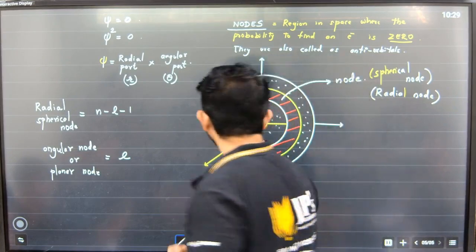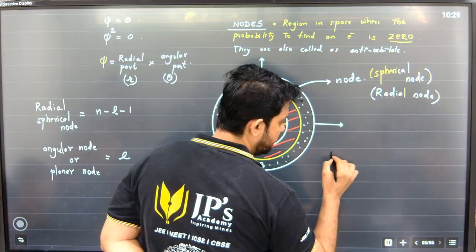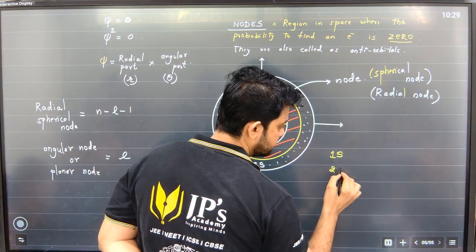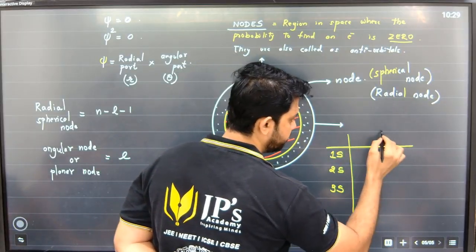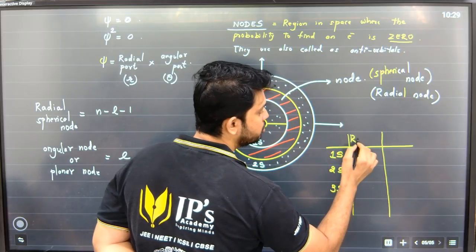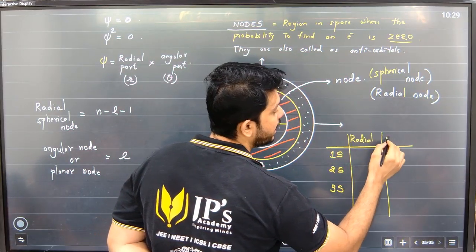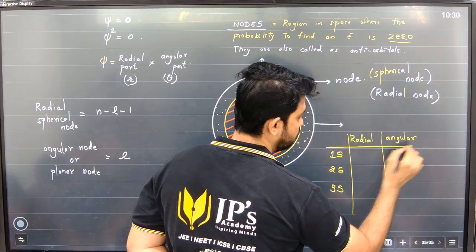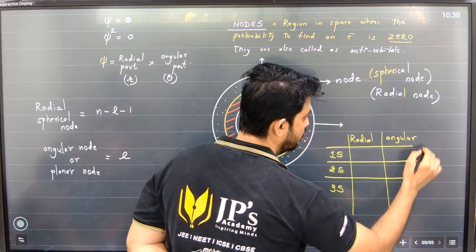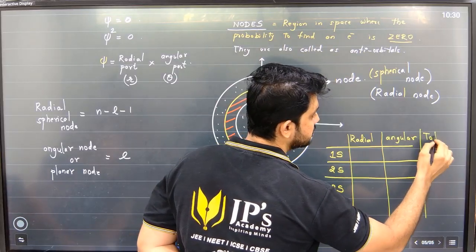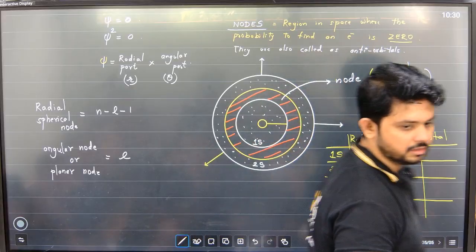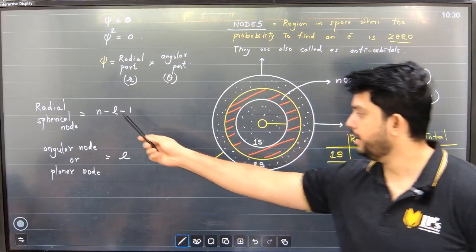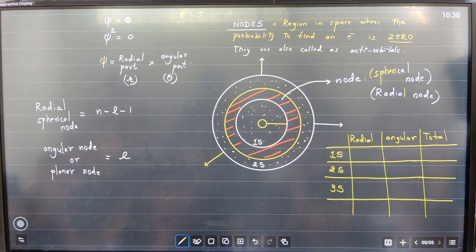So if I want to know for 1s, 2s, 3s, can someone tell me how many radial nodes are there, how many angular nodes are there? दोनों का सम करो तो क्या मिल जाएगा? Total number of nodes. Formula n minus l minus 1. What is n for 1s? 1.